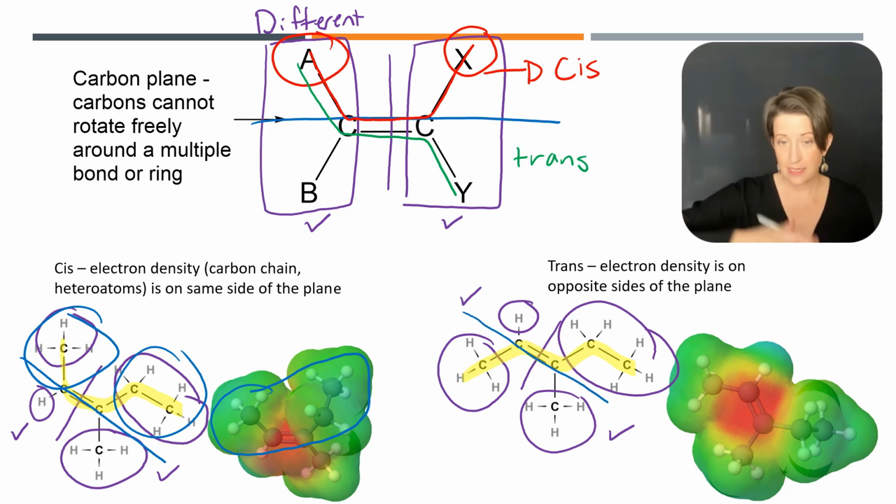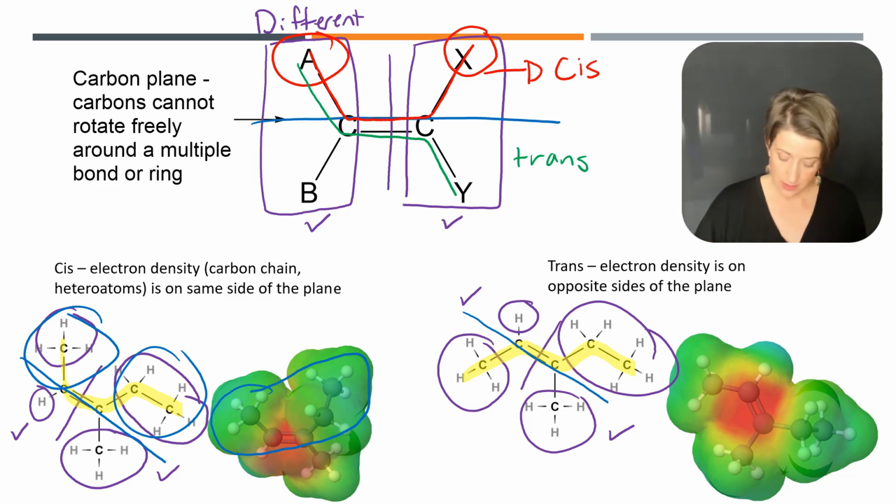Lay that vertical line down horizontal so that we can look at the groups in relation to those fixed carbons. So we've got that methyl group that is, let's say, below that double bond, and we've got this ethyl group, let's say, above. They're going across that bond, which is what gives us the trans designation.